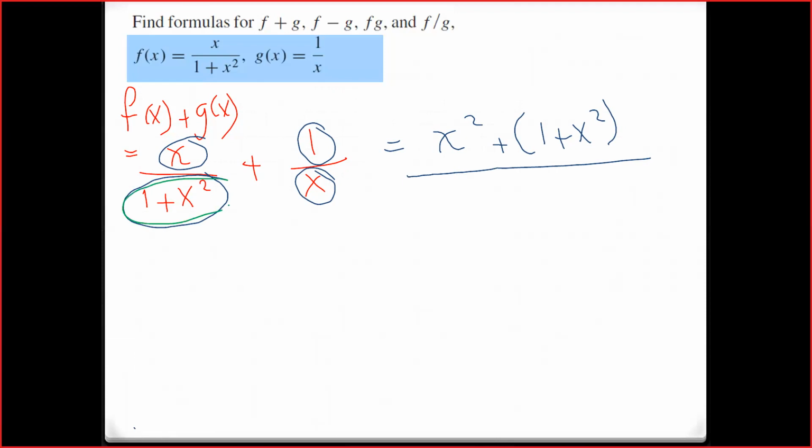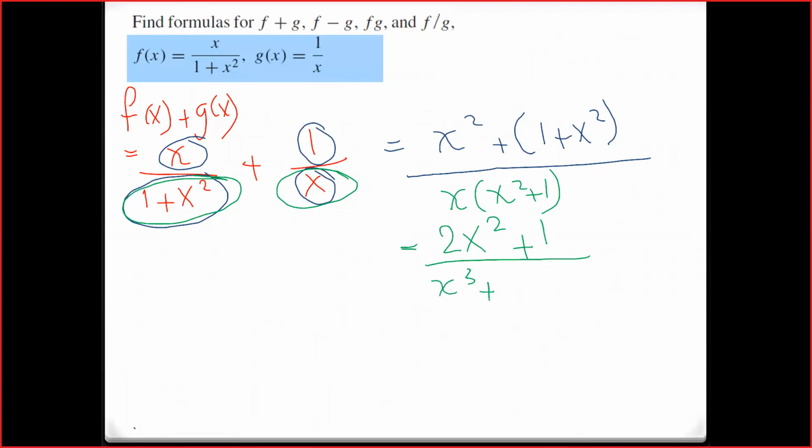I have to multiply now 1 plus x squared times x. Then x squared plus x squared is 2x squared plus 1 over x cubed plus x. This now is how I can add f of x plus g of x. Is it clear now?